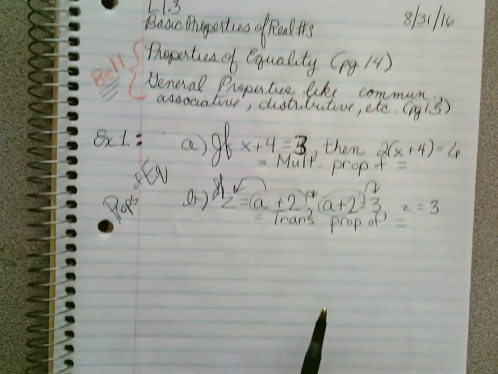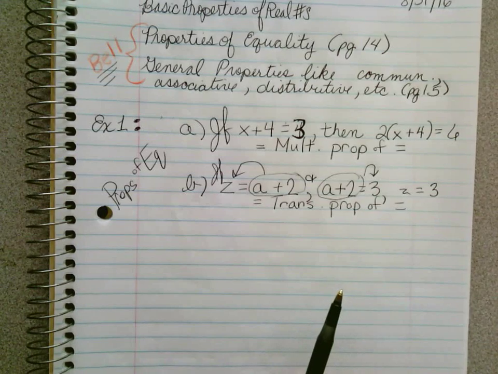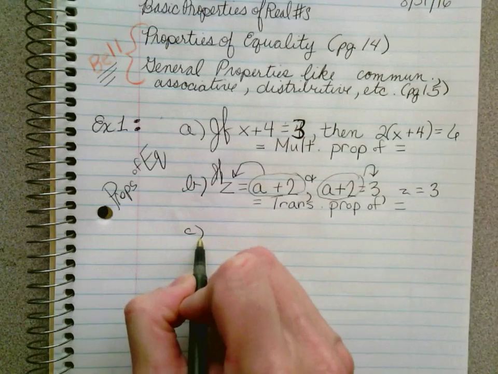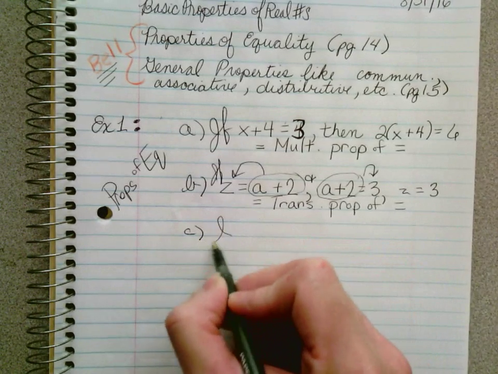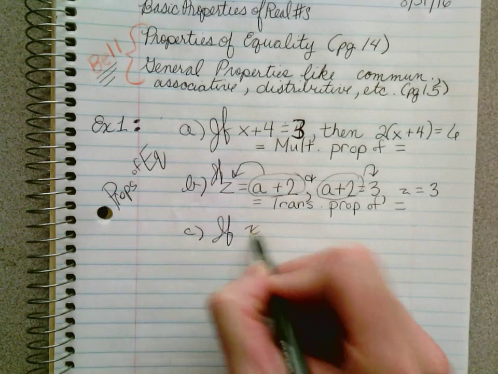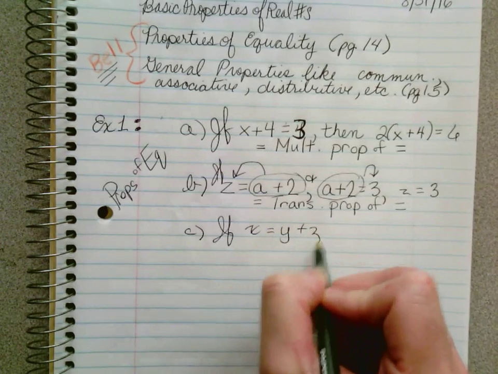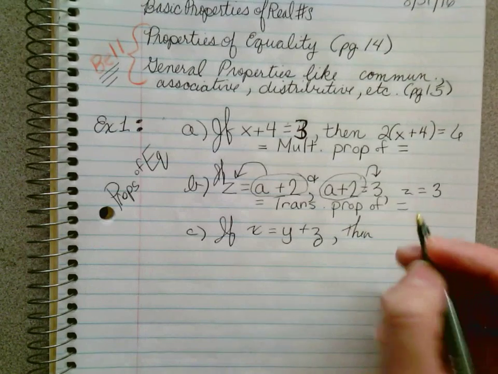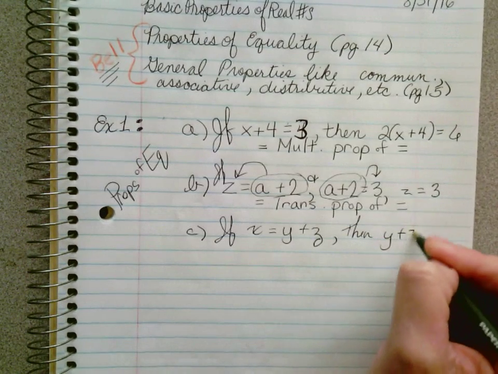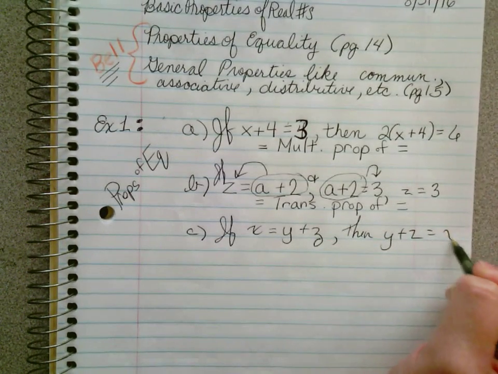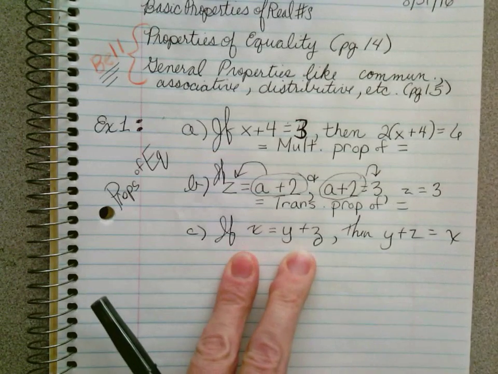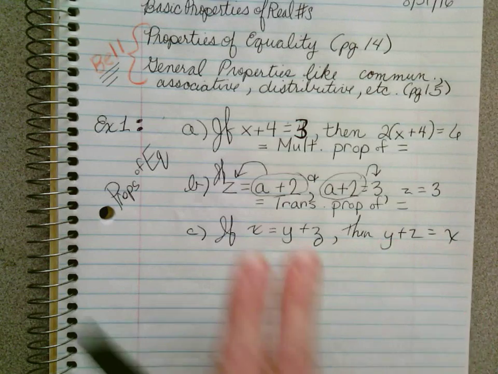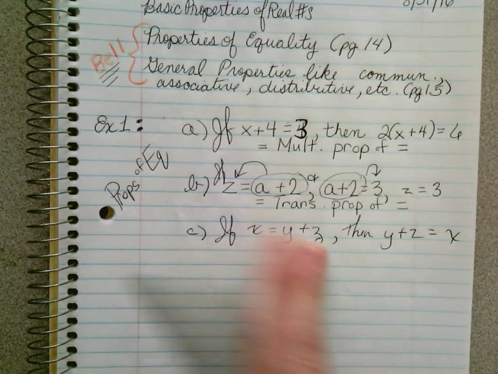The final property of equality that we're going to chew on here a little bit is the symmetric property of equality. So let me talk through this one with you. If x is equal to the sum of y and z, then y plus z equals x. Okay, this is equal to that. So this is a mirror image of that.